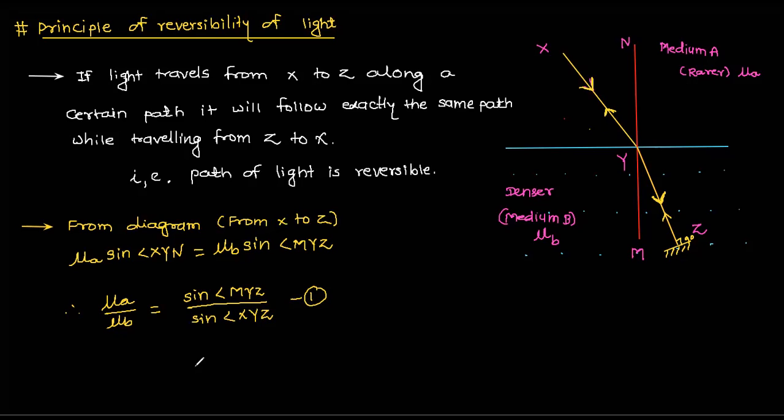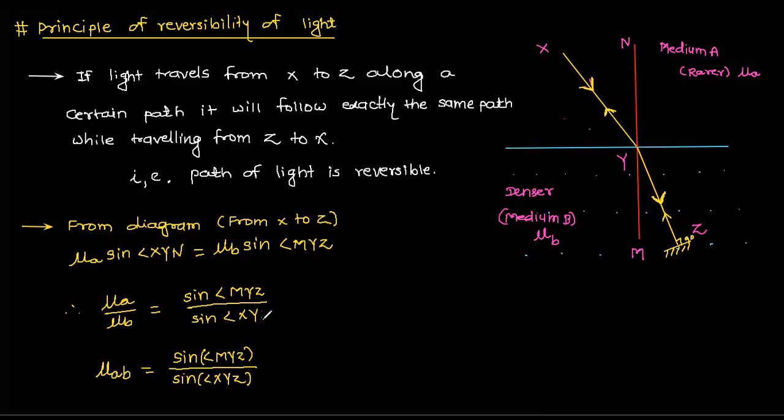I will modify this equation number 1 and give it again. So can I write like this? Mu AB, right? Mu AB is equal to sine of angle M Y Z divided by sine of angle X Y N. Yes, yes, yes. Here it should be N, not Z. Okay.